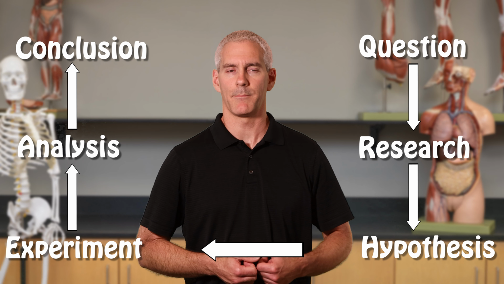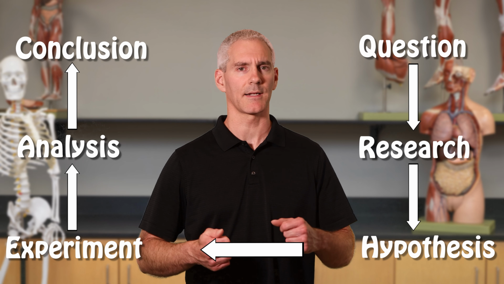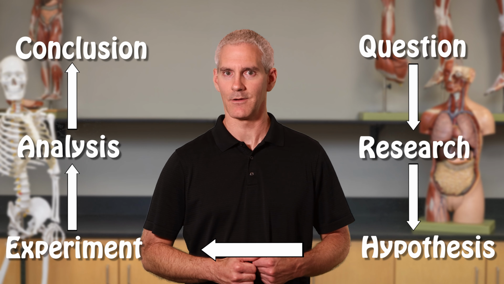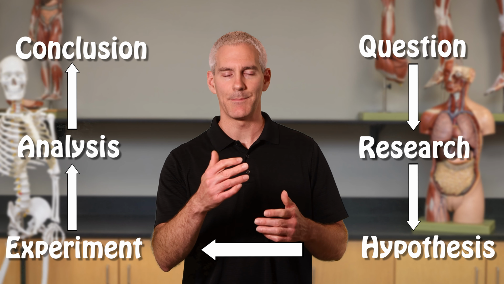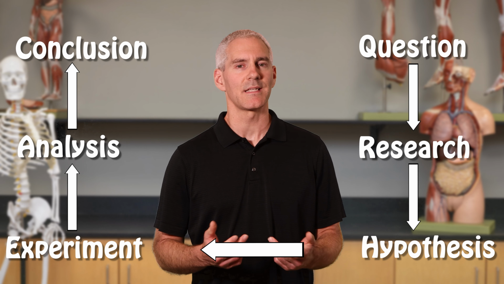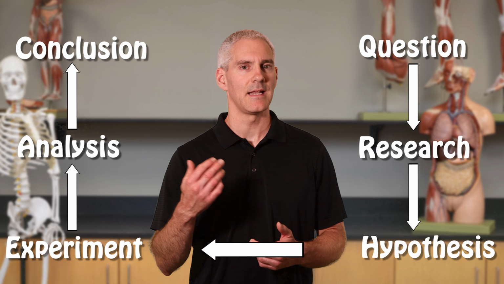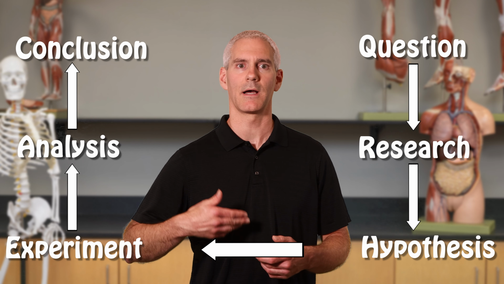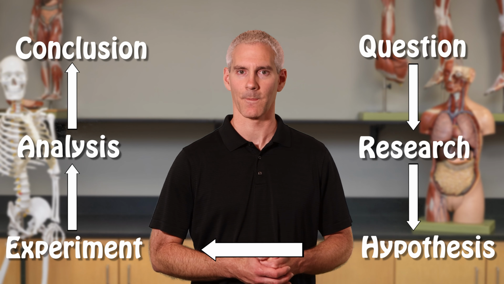Sure, we made the hypothesis and we affirmed it. It's correct. But we now have these 1, 2, 3, 4 other questions. So you keep starting the process over to make it go again. The scientific method is a never-ending cycle. It's a constant process where you have questions upon questions that you're always trying to answer.